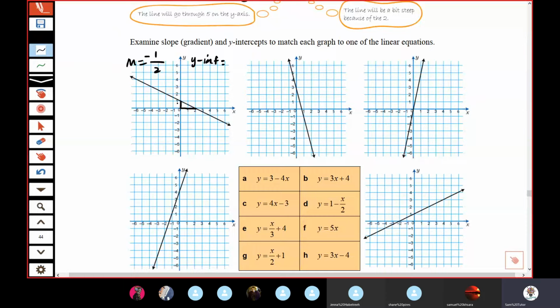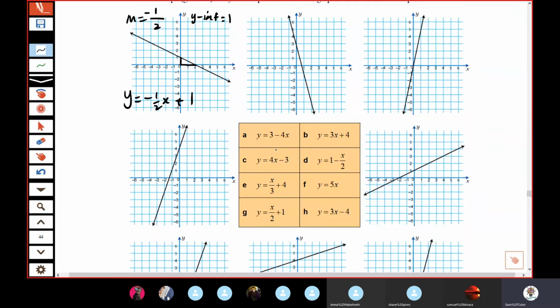Well, positive 1, right? It intercepts the y-axis at positive 1. So the equation we're looking for is y equals negative half x plus 1, which is this one there. Well, they've done it as 1 minus half x, which is the same thing. Negative half x plus 1 is the same as positive 1 minus half x.